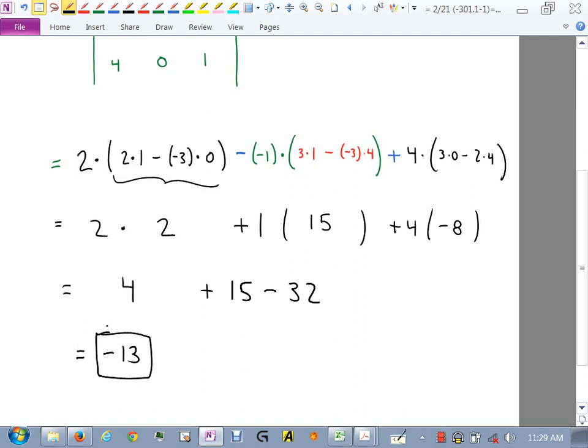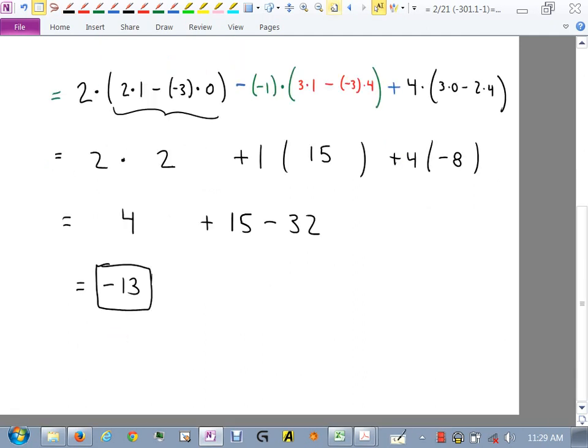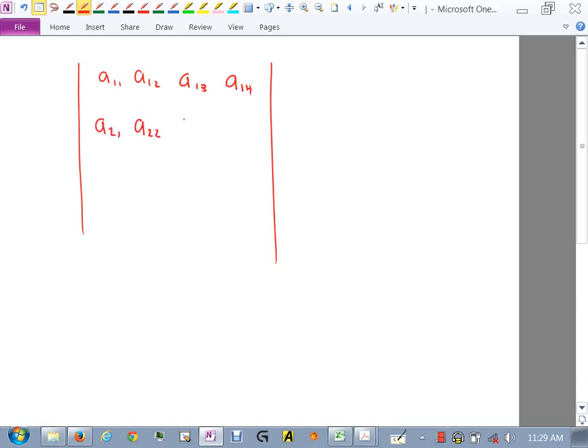No idea. Just to see how your brain is thinking here, I just want to see what you think this might be. I would never ask you this. A11, A12, A13, A14, A21, A22, A23, A24, A31, A32, A33, A34, A41, A42, A43, come on, A44.